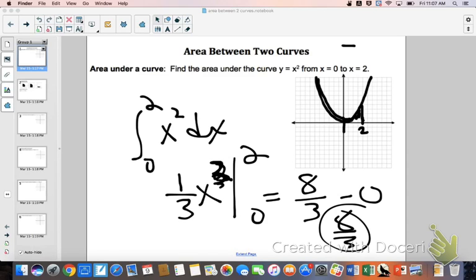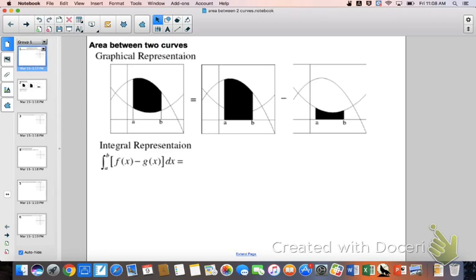Okay, now what we're going to do next is find the area between two curves. So the graphical representation first: if we are looking for this area right here, we'll call this one f of x and this one g of x.